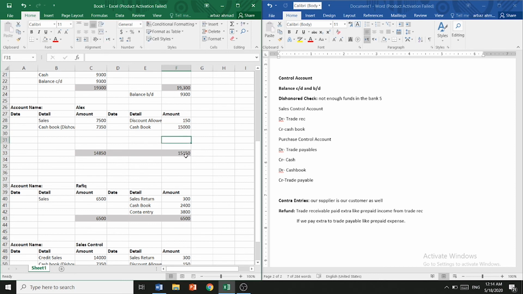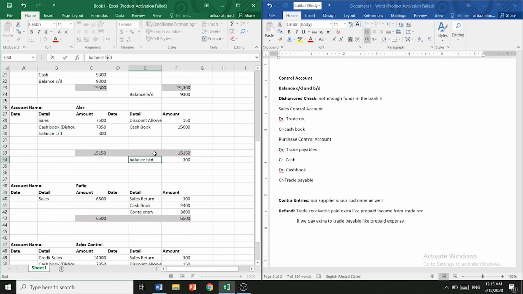It means I have already exceeded the amount on the credit side, so I have to include the balance carried down on this side. Therefore I need to include some amount, and that will be 150 plus 150, 300. Does that help? Yep. So balance carried down on this side and balance brought down on this side, and then I will have 3000. Let me change it to brought down.